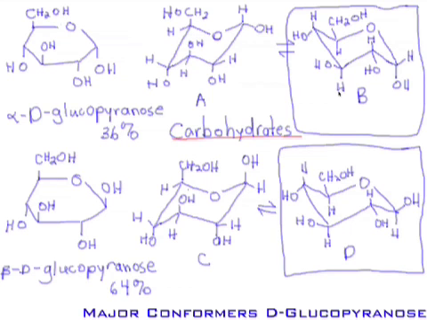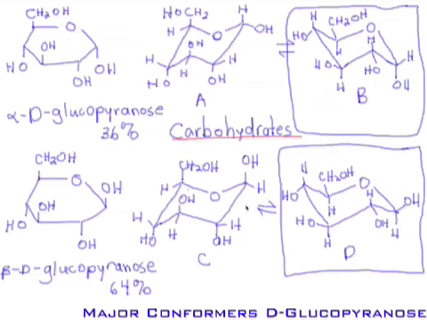So we compared structure A and B in order to determine which one was the major or most stable chair conformer. The assumption was that large groups in equatorial positions are more stable than axial group positions. Structure B had more large groups, the OHs and CH2OHs, in the equatorial position. Hence, it was the more stable chair conformer.